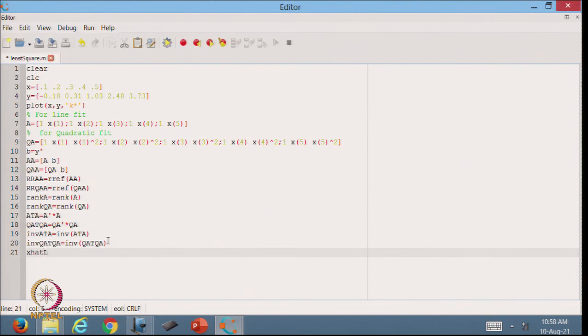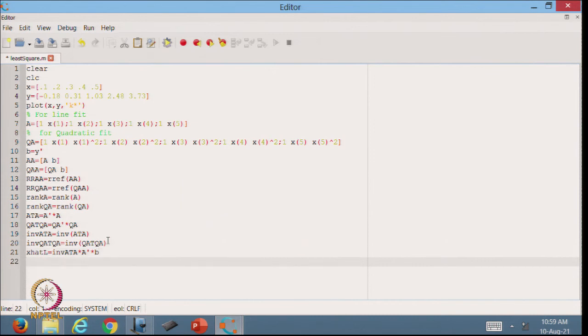I just take L, and that will be equal to the inverse of A transpose A that we have defined, multiplied by the transpose of A and the B on the right hand side. So, that will be my x hat in terms of the line fit.